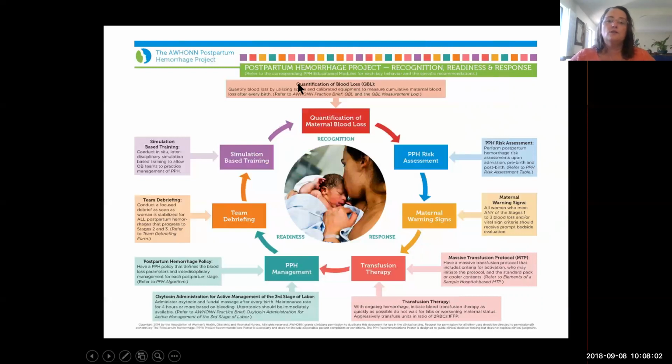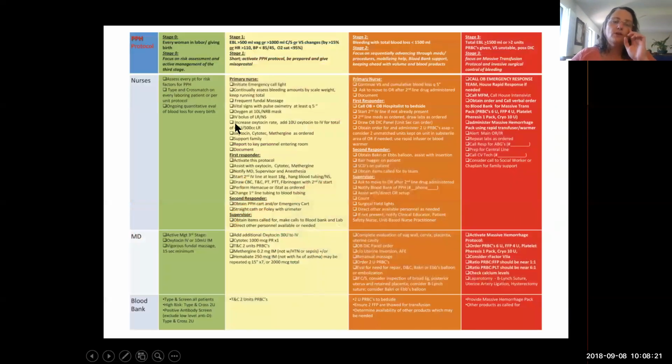And so this is really where this postpartum hemorrhage project came from, and a lot of the practices that we now keep in place are because of this protocol. So QBL, quantification of blood loss, actually weighing it, is one of the things that has really changed how we treat postpartum hemorrhage. And then here's another picture, and you can stop the video and look at it for a minute.